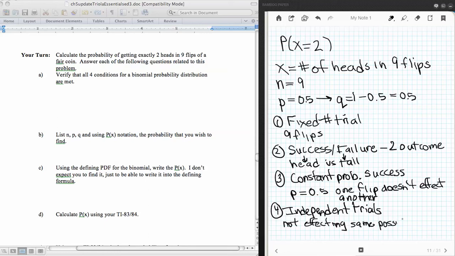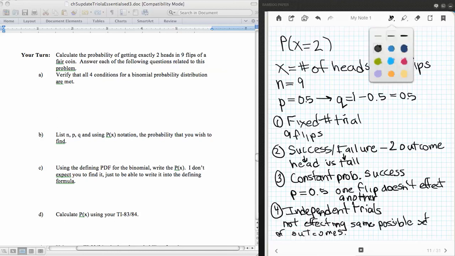One trial doesn't affect the other. We're not taking things out of the population, so we're not affecting the same set of possible outcomes. Now I've done all of these conditions, and I know that this is binomially distributed.